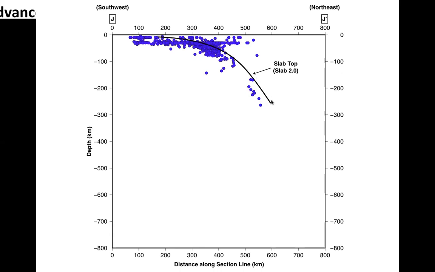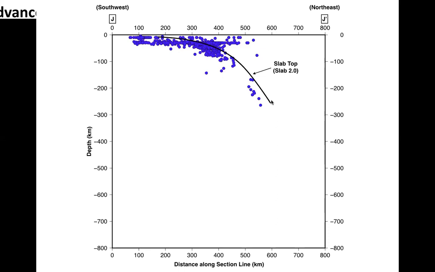So this is to the north of the proposed tear, and the research that proposed this indicates that slab dip is relatively shallow just south of the tear, and then becomes steeper again just to the north of it, which is what we see here.